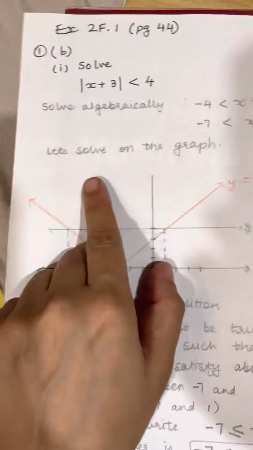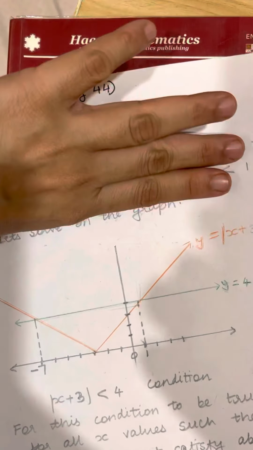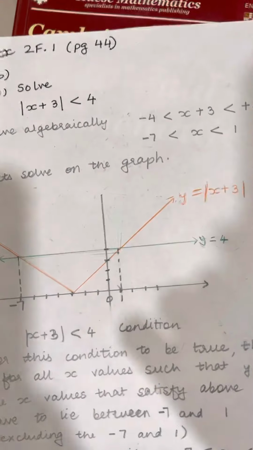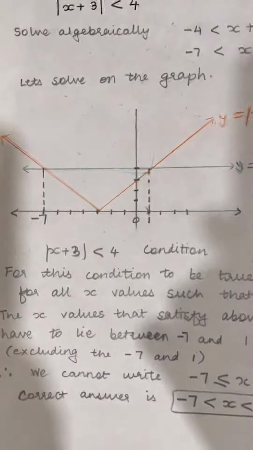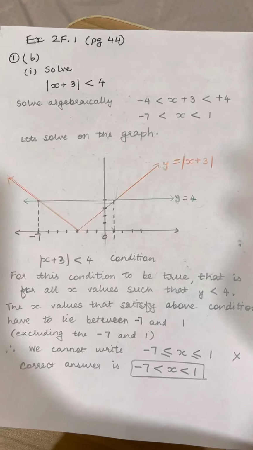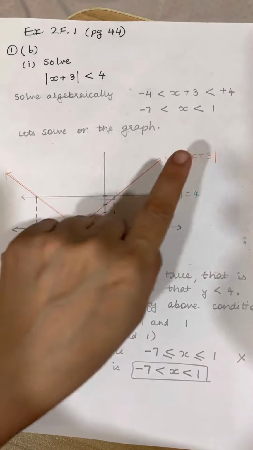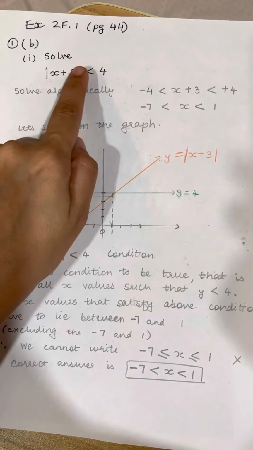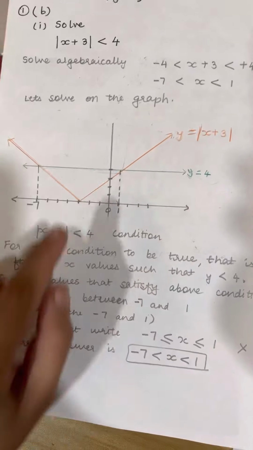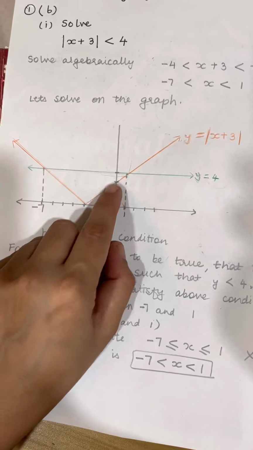Now let's look at a graphical solution, if you didn't have time to do it in an algebra way. Now you have to only do it graphically because they're giving you the graph in the question. So what does it say? This is the condition that has to be satisfied: all y values have to be less than 4. This is the y axis.